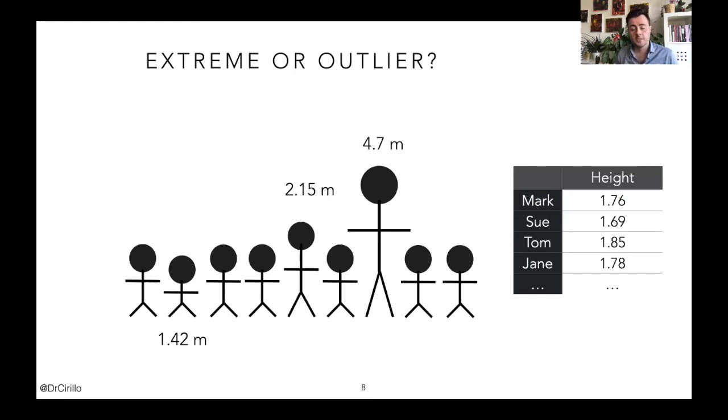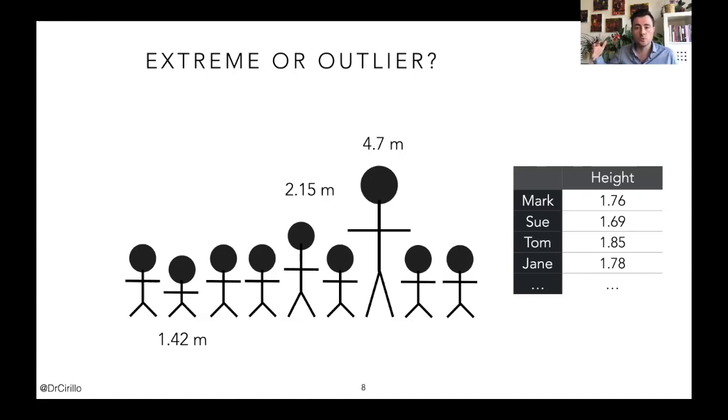For example, looking a little bit at the literature on human height, I found out that there are biologists that believe that in principle, we could observe someone that is 3 meters tall and even something more. But then for physiological reasons, our body will not be able to have someone taller than that.